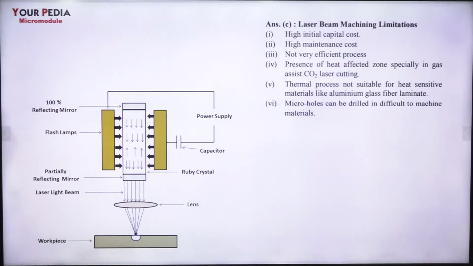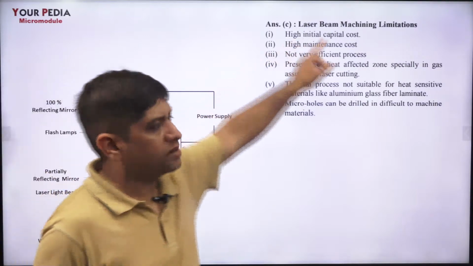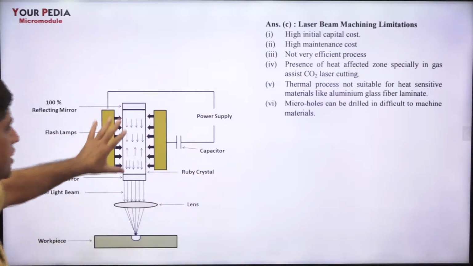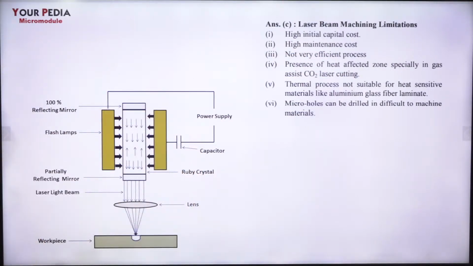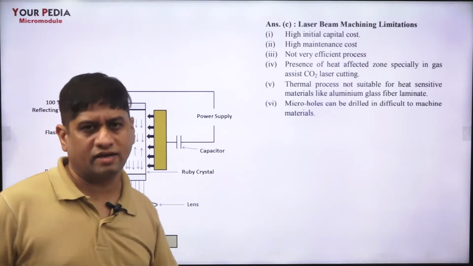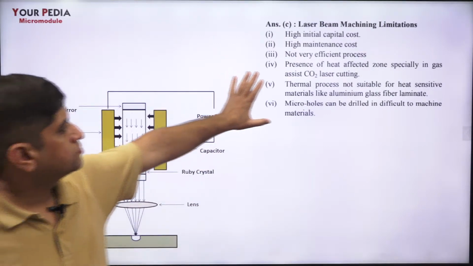Then what are laser beam machining limitations? High initial capital cost. Initial investment required is high because of all this setup. Maintenance cost is also there. It is not a very efficient process. As I told you, a lot of energy is dissipated. You get very less energy, but a lot of energy is dissipated.